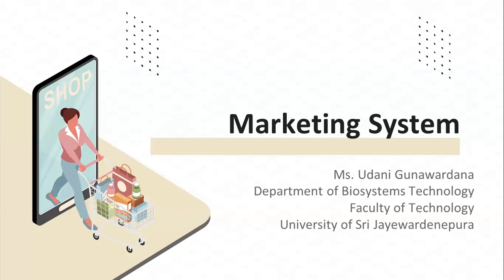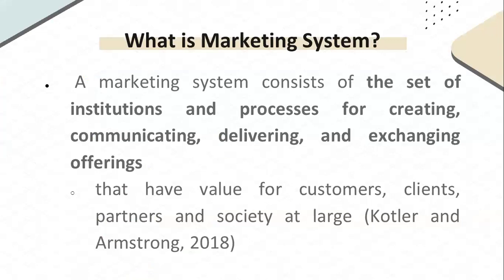So all the institutions and processes that help this marketing activity, we call the marketing system, right? The marketing system consists of the set of institutions and processes for creating, communicating, delivering, and exchanging offerings. This is the formal definition.